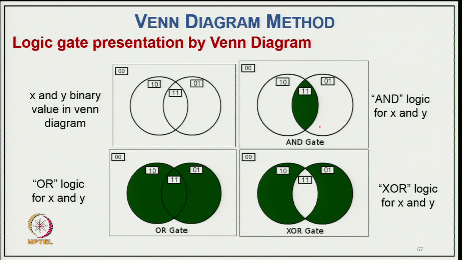The OR gate covers all three: 1 0, 0 1 and 1 1, leaving out 0 0. And of course, exclusive OR is only the portion which does not include 1 1; it consists of 1 0 and 0 1, containing neither 0 0 nor 1 1. So, these four diagrams represent logic gates like AND, OR and exclusive OR.